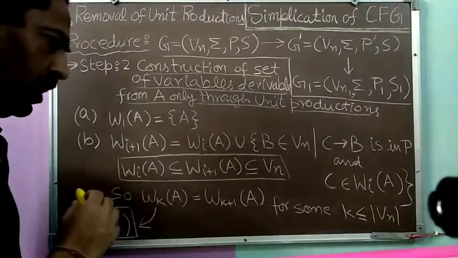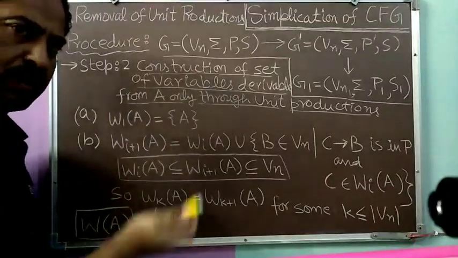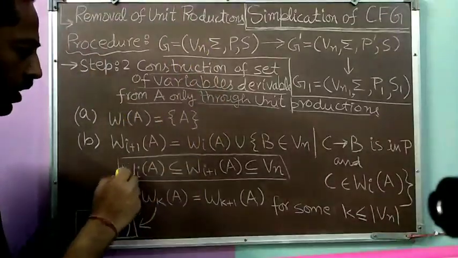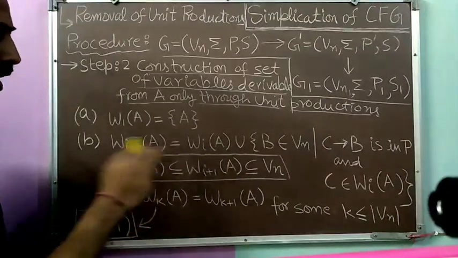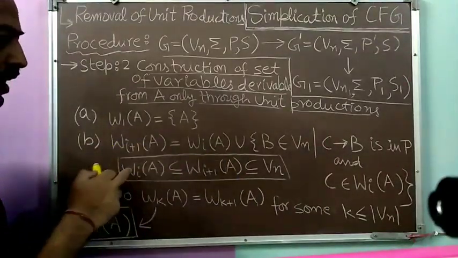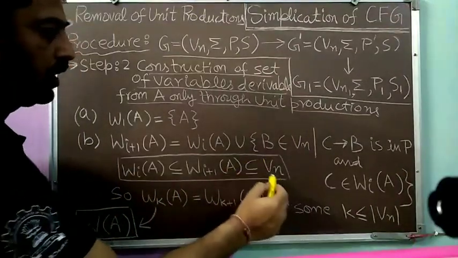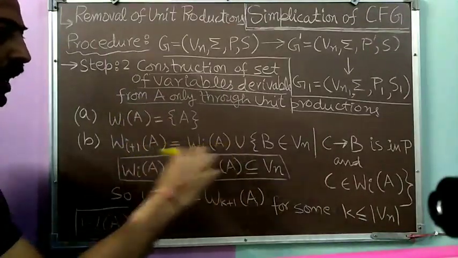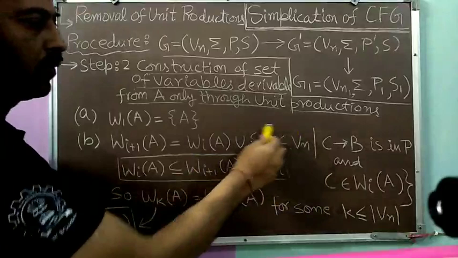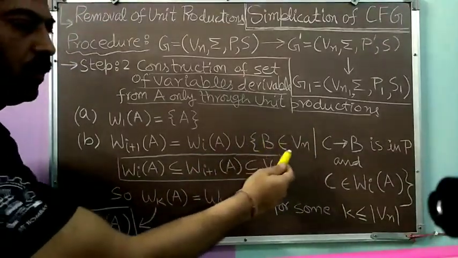From this definition, we can again see, as per the previous constructions, that Wi of A will be a subset of Wi plus 1 of A, because we are always finding Wi plus 1 of A with the help of Wi of A. And it will also be a subset of Vn, because all the elements, either in W1 or Wi plus 1, we are including from the set of variables only.